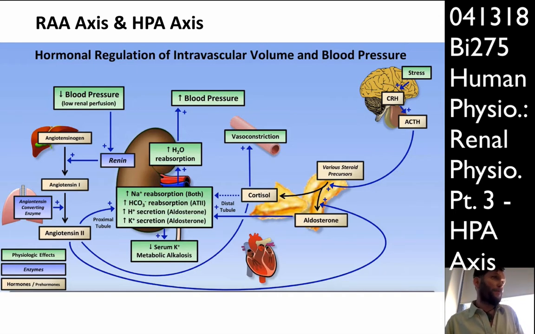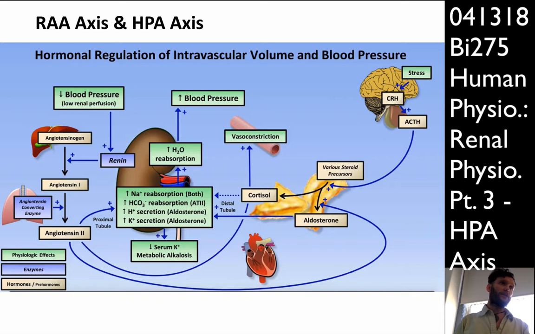As that happens, our blood pressure goes back up, because blood pressure going down is what started this whole cascade of dominoes. All right. So we've kind of come full loop. Blood pressure went down, engaged RAA on this side, engaged HPA on the other side, had the physiological effects that lead to an increase in blood pressure.